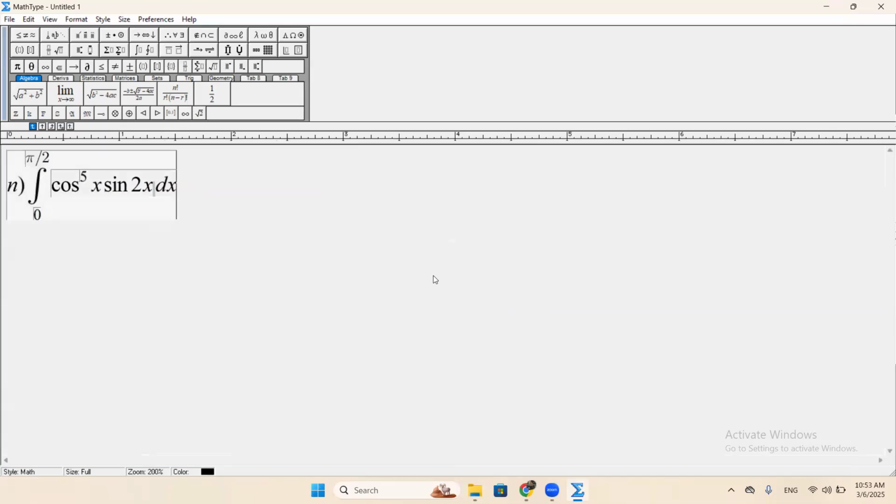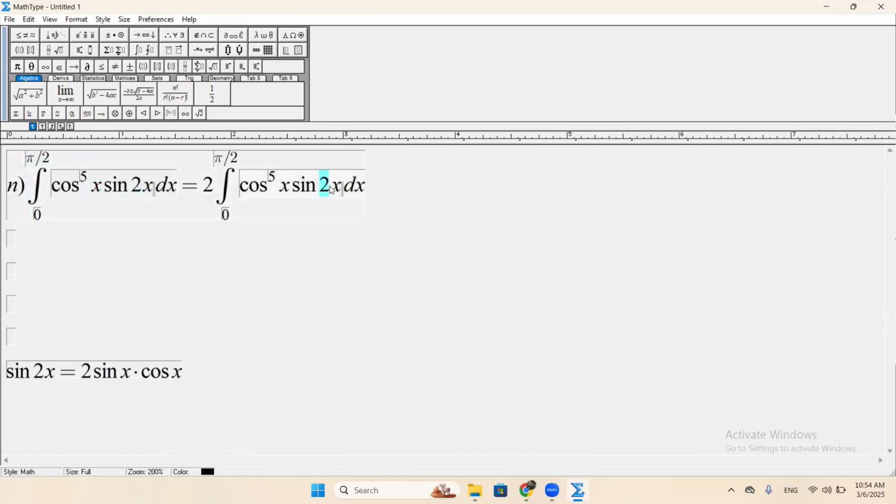As we know from the previous lesson, we can simplify it using trigonometric formulas. Let me remind you that sine of 2x equals 2 sine of x multiplied by cosine of x. So doing the same to this integral, sine of x multiplied by cosine of x.